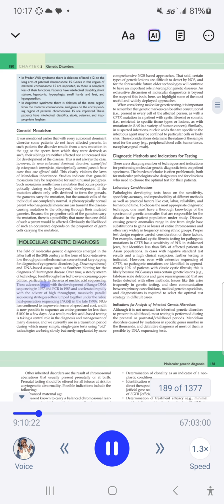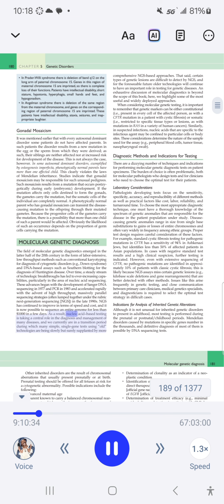These advances began with the development of Sanger DNA sequencing in 1977 and PCR in 1983 and accelerated rapidly with the advent of high-throughput, massively parallel sequencing strategies, often lumped together under the rubric next-generation sequencing (NGS), in the late 1990s. NGS has continued to improve in terms of speed and cost, and it is now possible to sequence an entire genome for less than $1,000 in a few days.